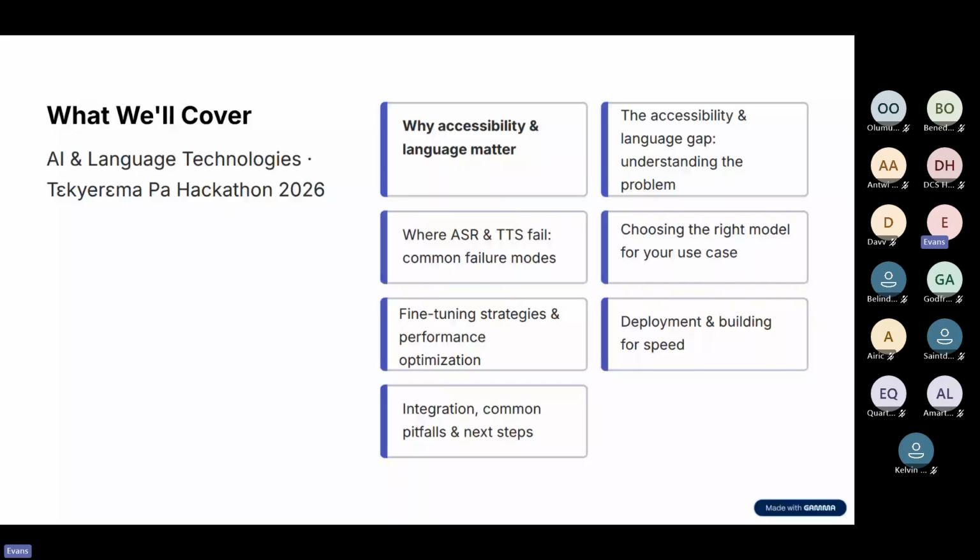The accessibility and language gap is how you can understand the problem. Then also how you can choose the right model for your use case, provided you want to use an ASR or TTS model. And also how you can host and deploy your models.